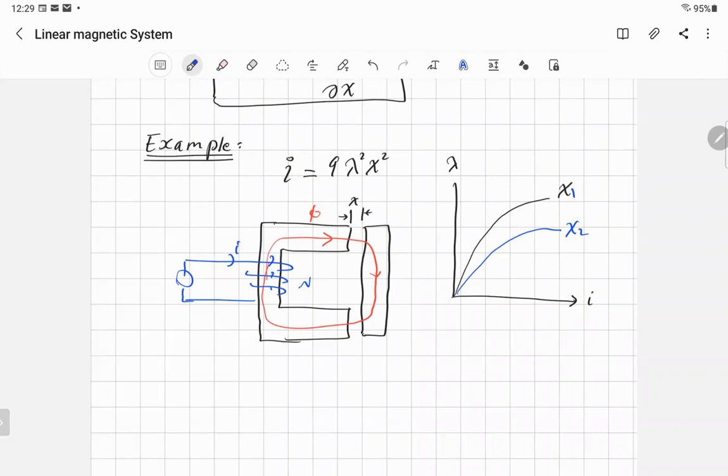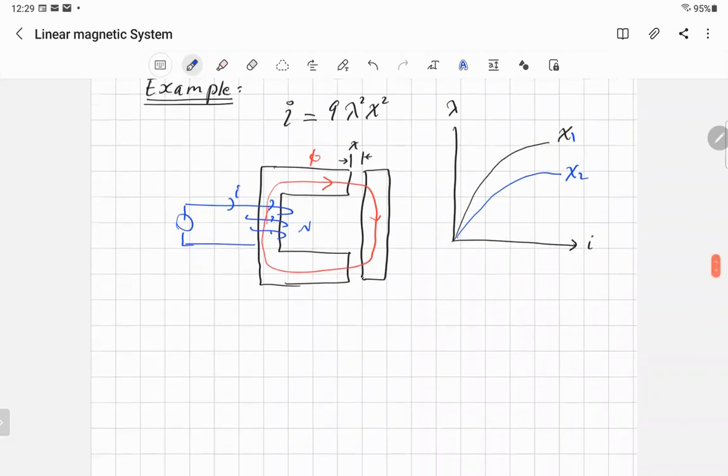Why? Because it will affect the reluctance. If you want to know why, what's reluctance? Reluctance is equal to l over mu A. And we know that the reluctance of the air gap Rg is equal to Lg over Ag mu naught only. And if you have the core, I'm talking about the iron core, Rc will have Lc divided by mu naught mu r Ac.